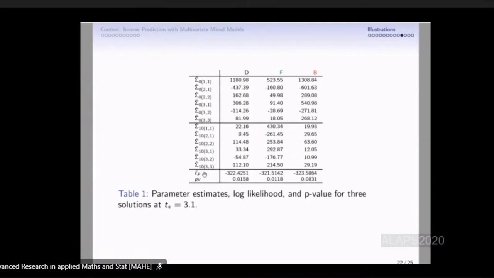The full model log likelihoods are seemingly quite close, but the p-value for the backward is 0.08, and for forward and default, it's 0.01 plus something.